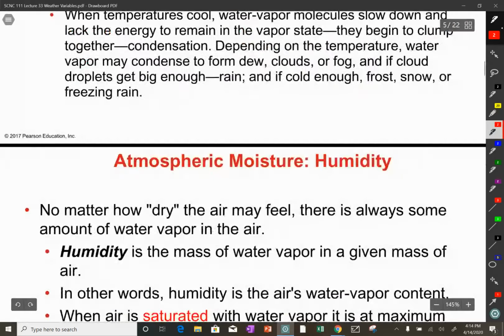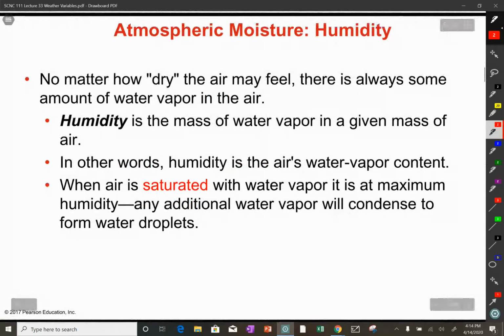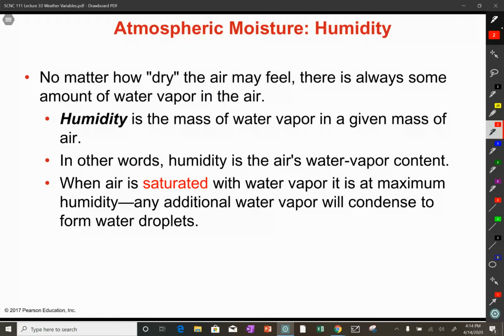Now we measure how much actual moisture is in the air, whether it's clumped together or not, with the humidity. So humidity is how much water you have divided by how much air you have.